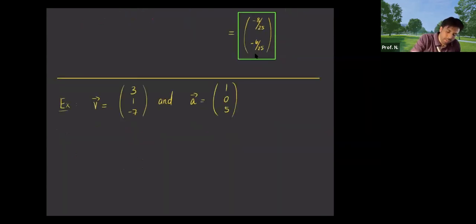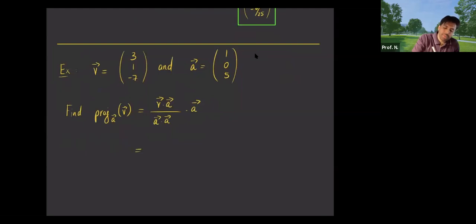Again, I want to find the projection of the vector V along A. We'll use the formula V dot A divided by A dot A multiplied by A.